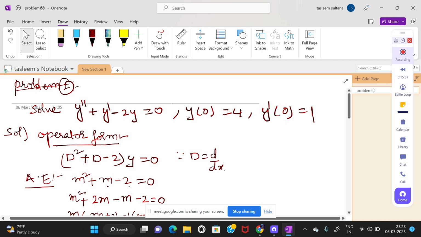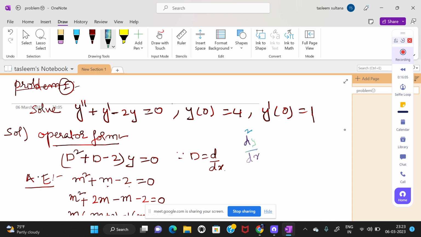Y double dash means d square y by dx square, and d is equal to d by dx. So d square is d square by dx square, and d is d by dx.